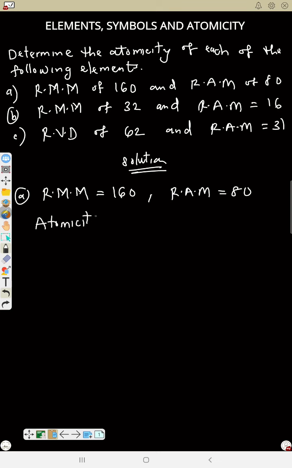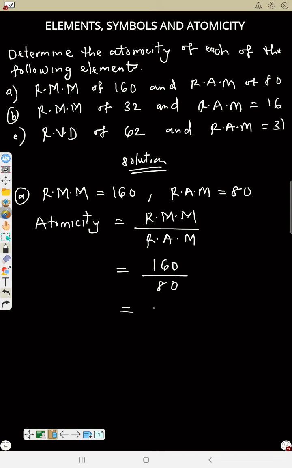We said atomicity is equals to relative molecular mass divided by relative atomic mass. That means atomicity here, relative molecular mass is 160 divided by relative atomic mass is 80. That means the atomicity here is 2.